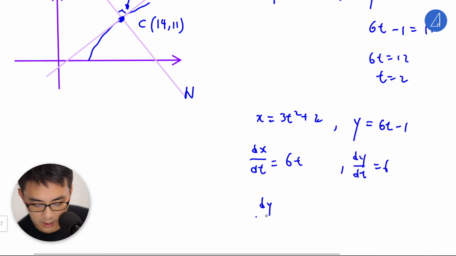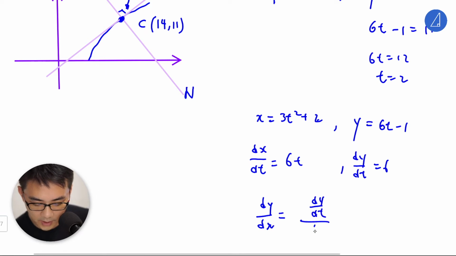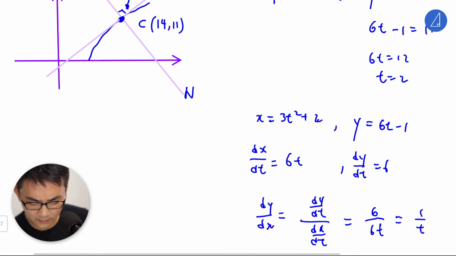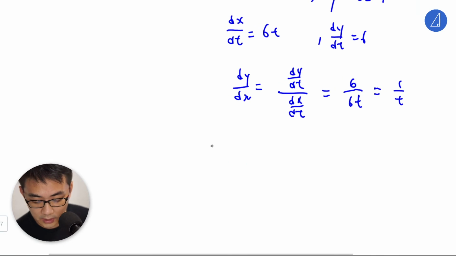So dy/dx is just dy/dt divided by dx/dt. That will be 6 over 6t, which equals 1 over t. So that is it. Essentially, this is m tangent.